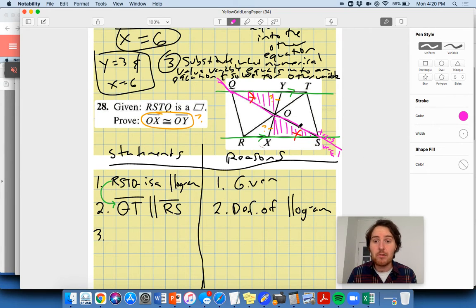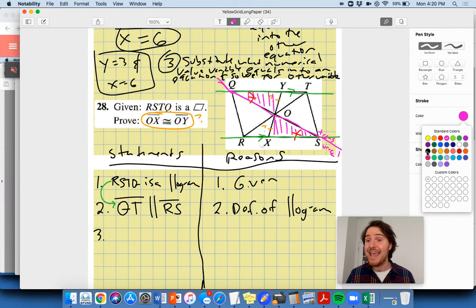If two parallel lines are cut by a transversal, then we know that alternate interior angles are congruent. That's a mathematical fact that we proved earlier in the textbook. So that is a theorem you're going to use, my friends, to justify that angle YQS is congruent to angle XSQ, right? I'm going to say that because that adds to my intelligence.